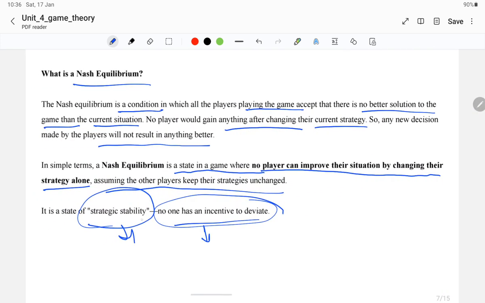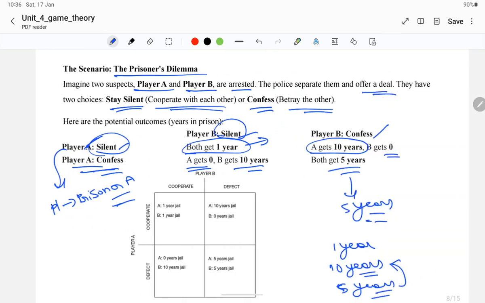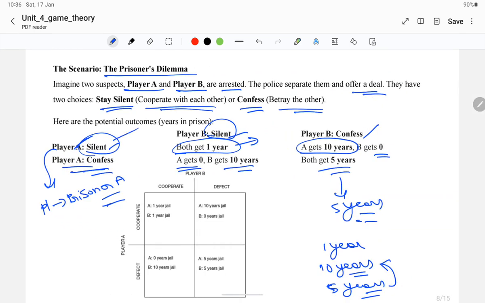So strategic stability means no one has the incentive to deviate. In this case, both prisoner A and prisoner B are not deviating. Both are confessing.